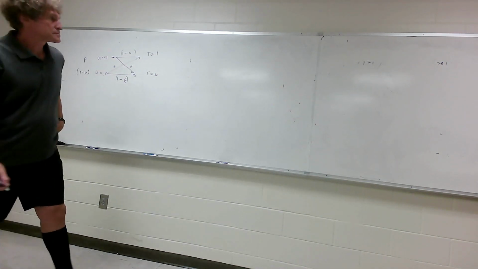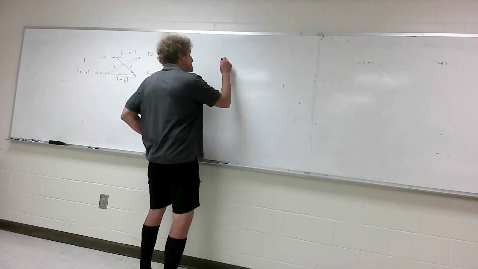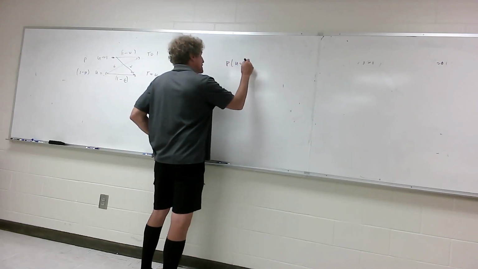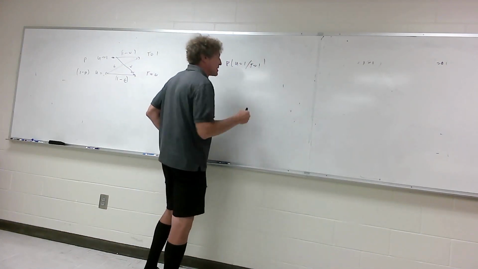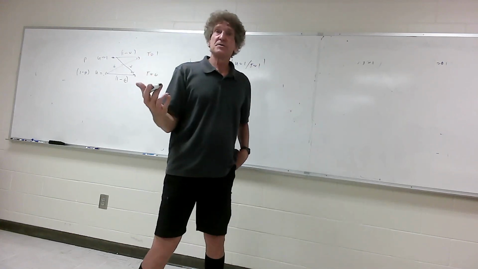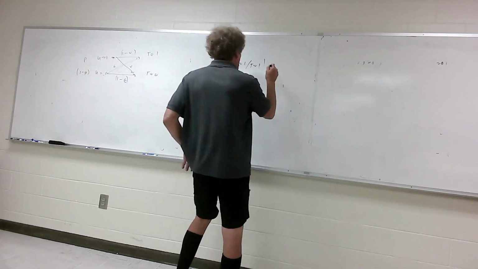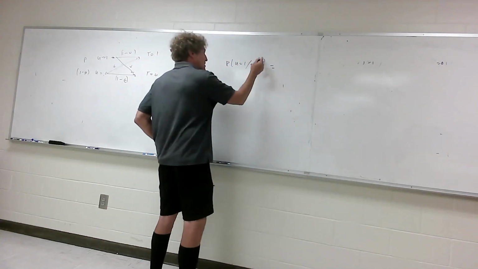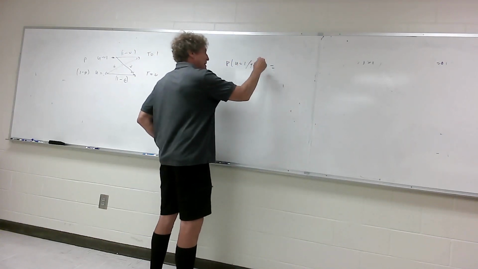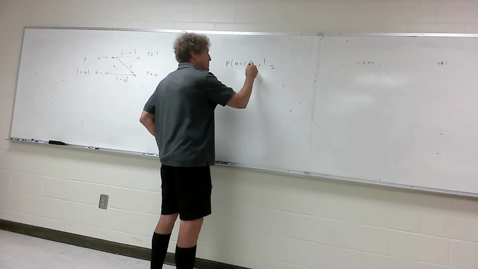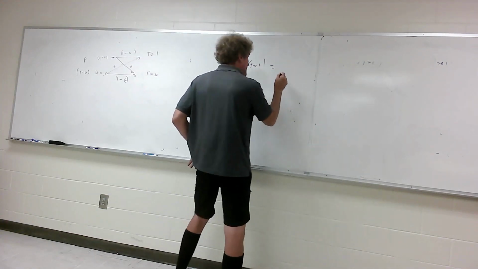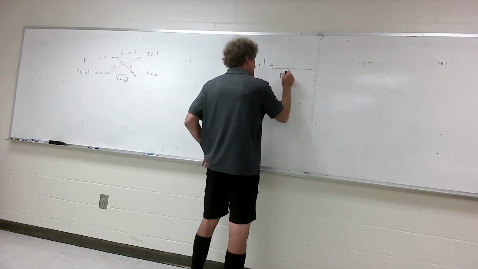The first one is the probability of u equals 1 given t equals 1. All right, now, first I'm going to just set this up. Remember the P of A given B business? Right off the bat, t equals 1 is what I need on the bottom here, P of t equals 1.